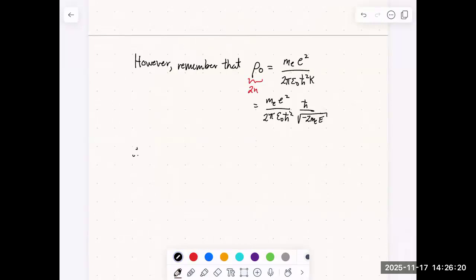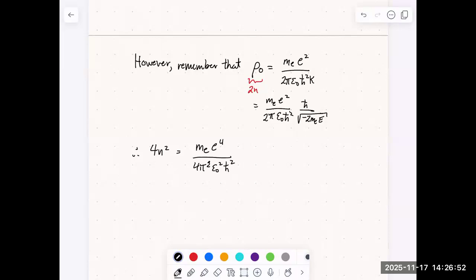So therefore, 4n squared is going to be equal to, let's see, I would get me squared, but then when I get rid of the square root, I have an me in the denominator. So I cancel one factor of me. Then we'll get e to the 4th divided by 4 pi squared epsilon naught squared h bar squared.